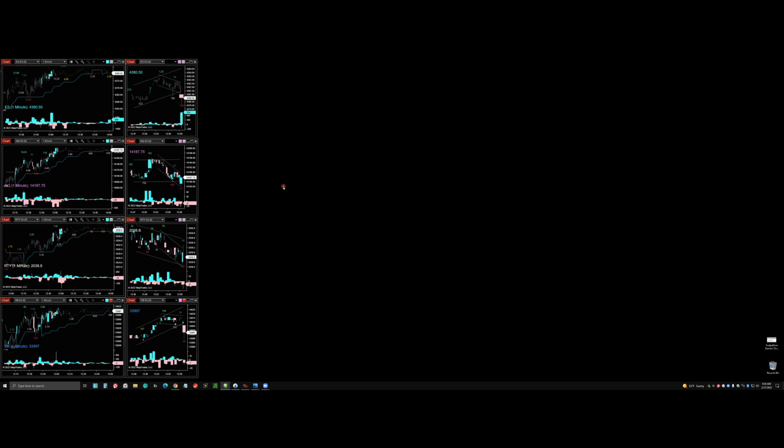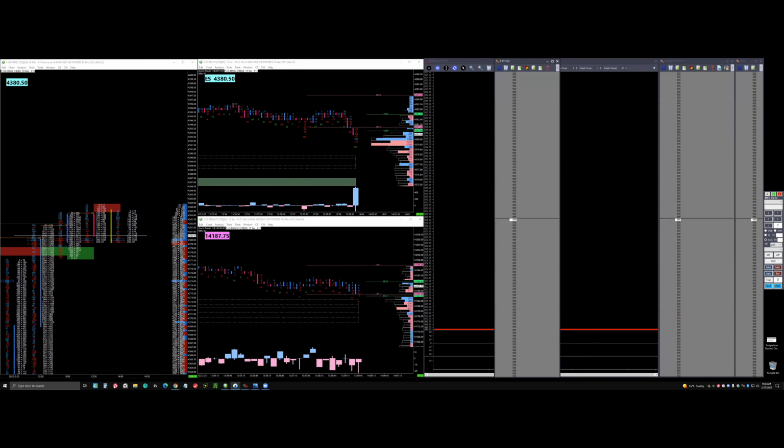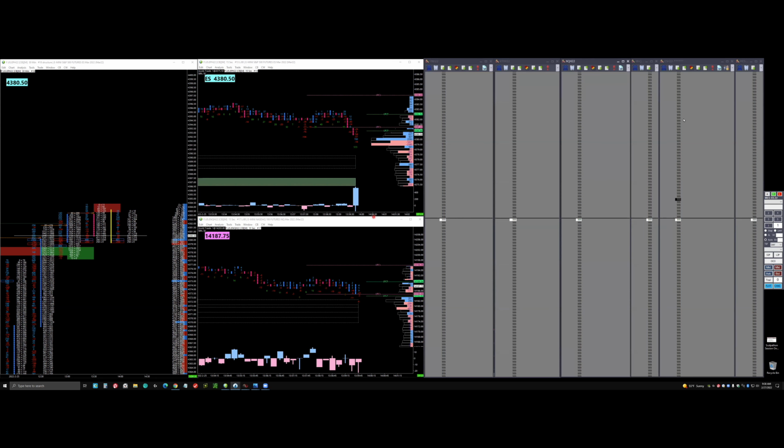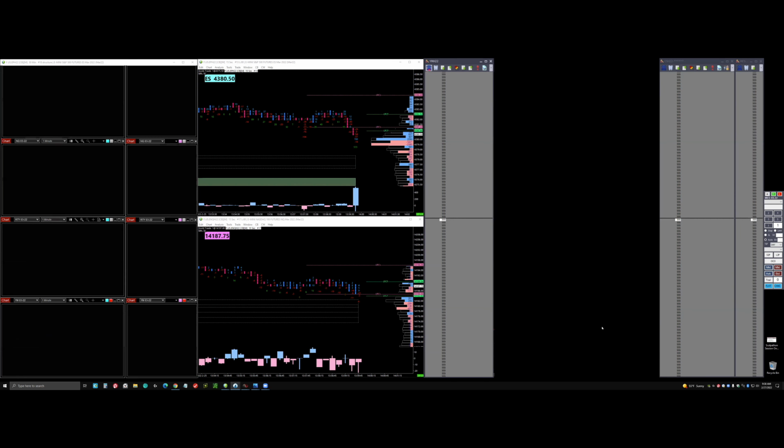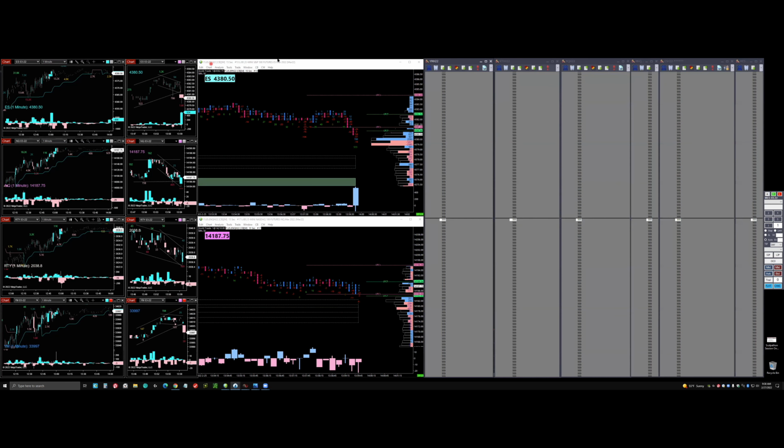So everything you see on my screens, and just to emphasize the point, I'm going to put everything back up here for just a second. So this is all the pieces. Obviously, there's no data running on the domes, but that's Jigsaw, and this is Sierra for footprints, and this is Ninja for price action, and I will explain these all in a second.